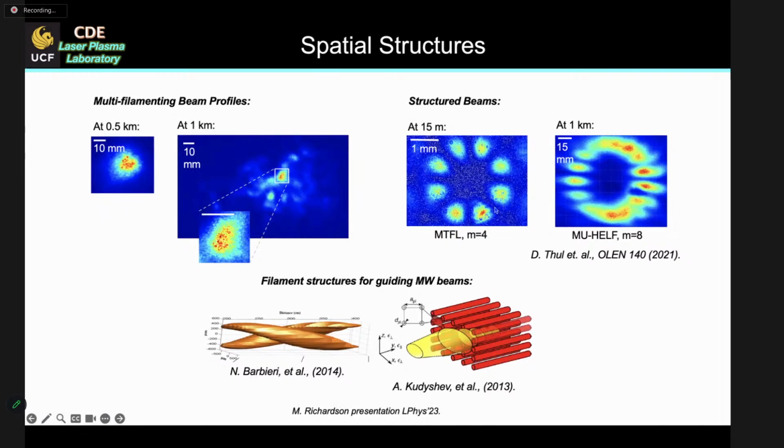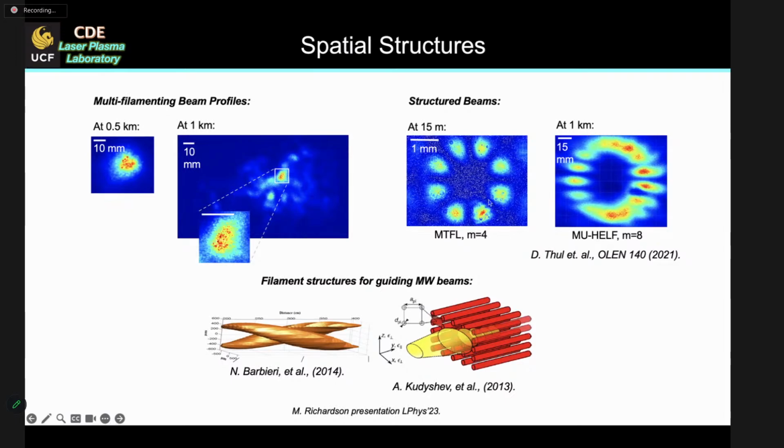Now, this ordered distribution is dependent, of course, on the phase distribution that we put in front of the laser system. And so we can produce radial distributions. We've also created rectilinear distributions here. Radial distributions can be of either eight beam distributions, or as shown on the right-hand side here, 16 beam distributions.